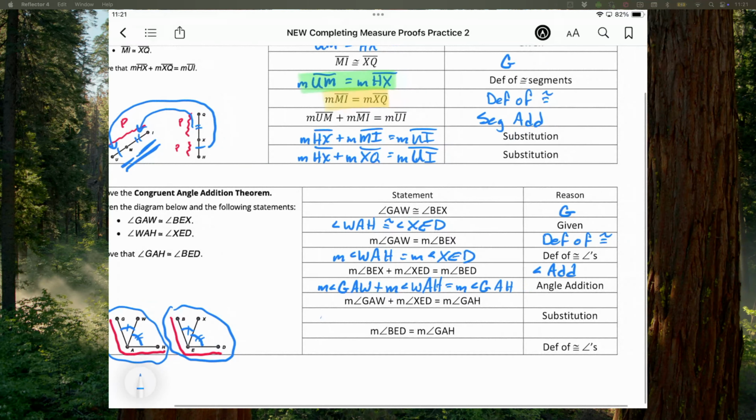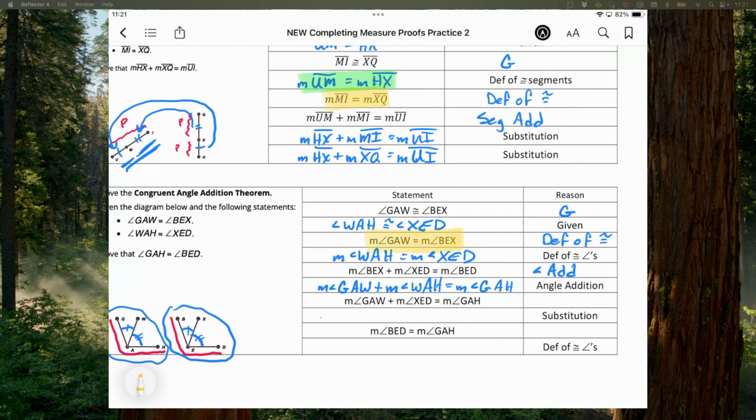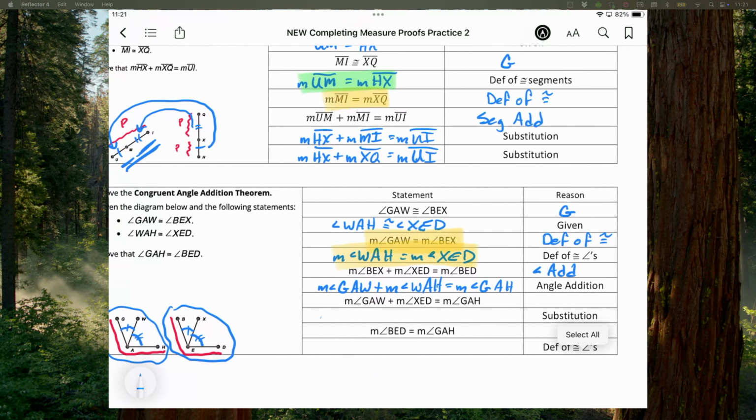Next, we are going to see that the measure of GAW and BED are equal, and that the measure of WAH and XED are equal. So we are going to replace WAH with XED. So measure of angle GAW plus measure of angle WAH.